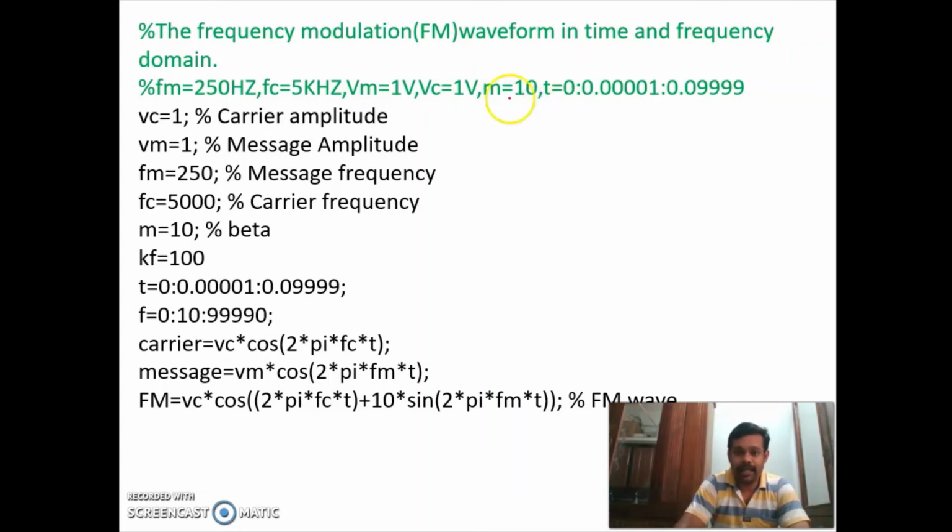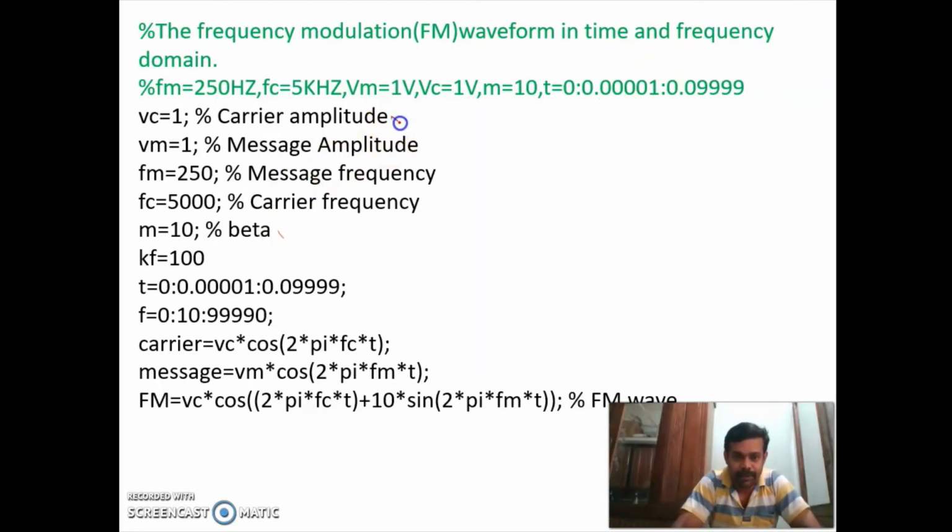Then we are defining the time axis from 0 to 0.0999 and the increment is 0.00001. These are the things we first define.